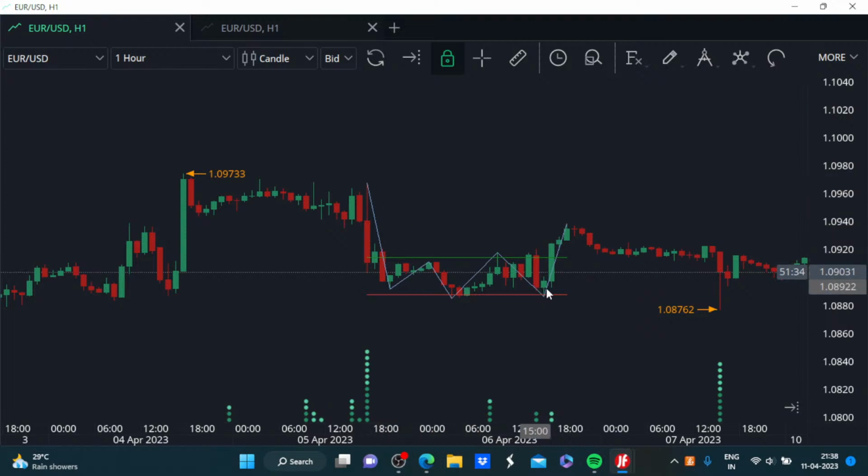Now, if you look at this formation carefully, you will see that on three occasions, thrice, we saw the price finding support on these levels of around 1.089, and that is what is implied by this formation. The name itself contains triple bottom, and with that it means that on three occasions we had the price reversing course after touching these levels.